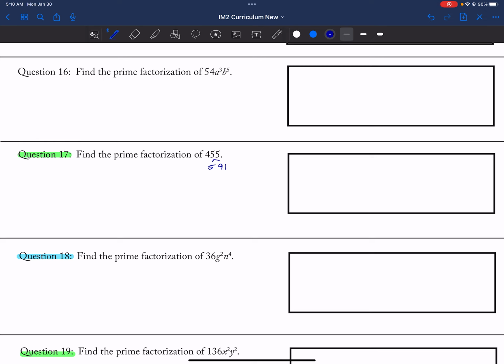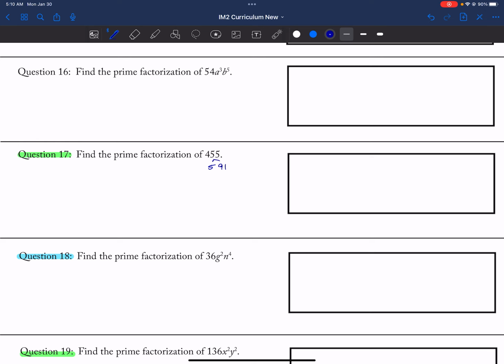That's where you run into a little bit of an issue. We'll just make sure our arithmetic is correct. Now 91 is not divisible by 2 because it's not even.